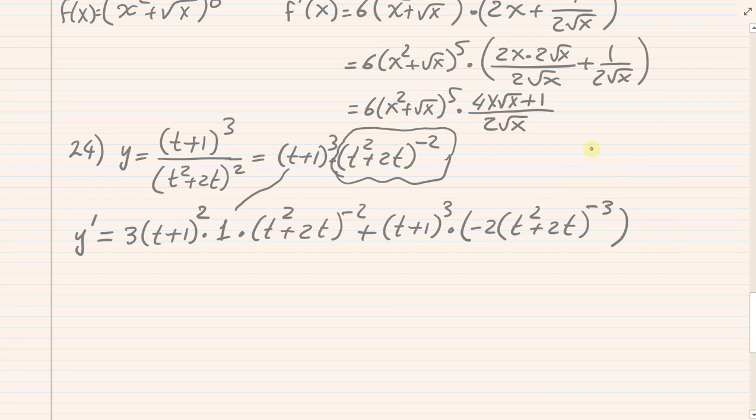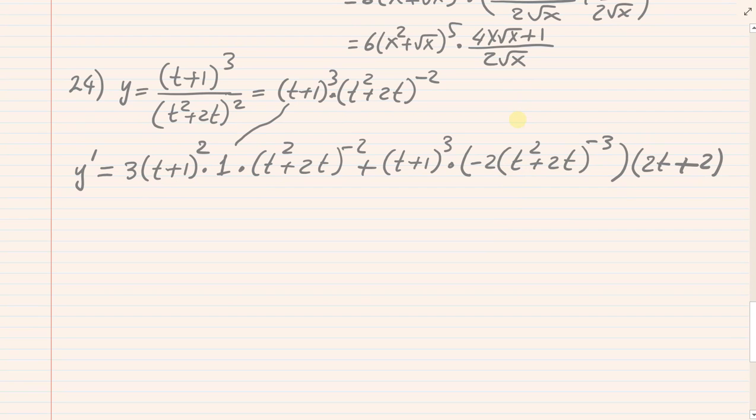That's the power rule. And then chain rule handles the derivative of the inside. Inside is t squared plus 2t, that's times 2t plus 2. So fairly complicated expression. All right.